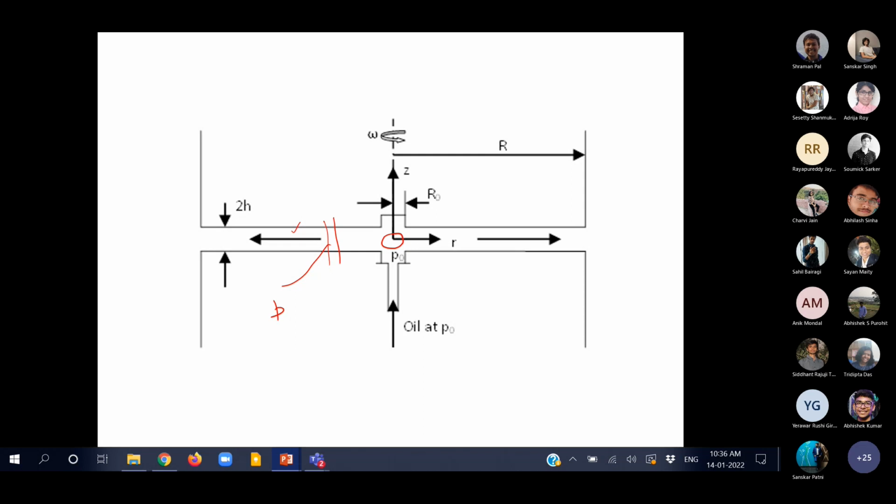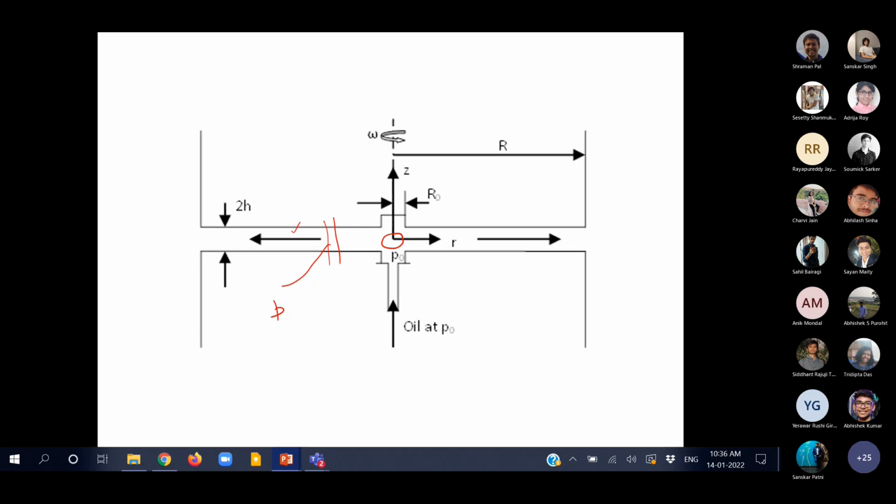If you recall, if you think about Bernoulli's equation, which you have done in your fluid mechanics, it's always the gauge pressure that is used. So the effective pressure in that slice that I have drawn is going to be P minus P atmosphere.